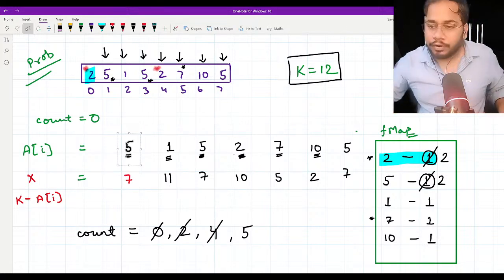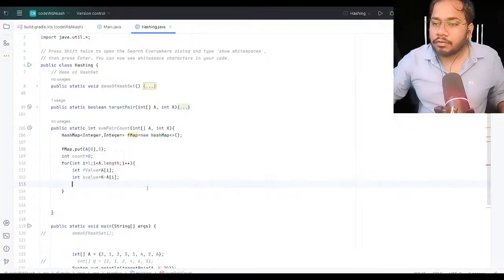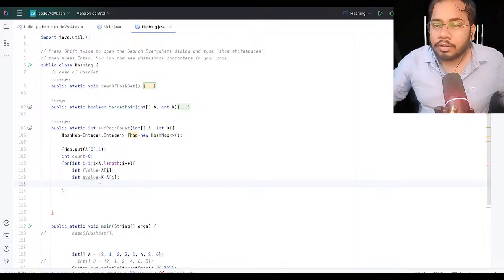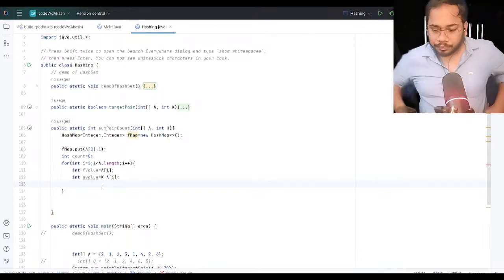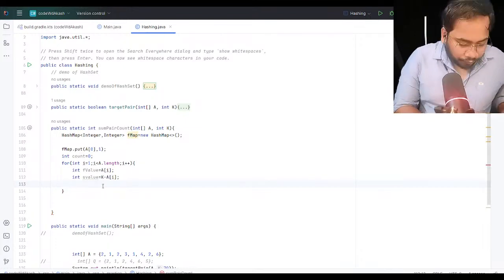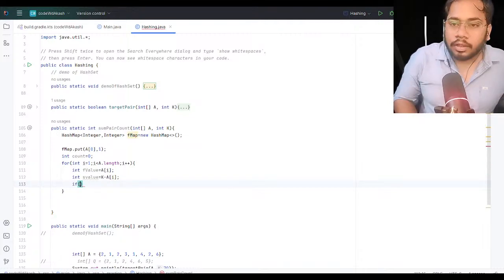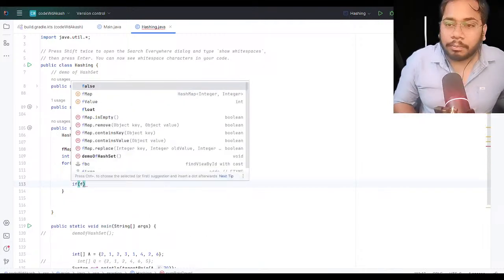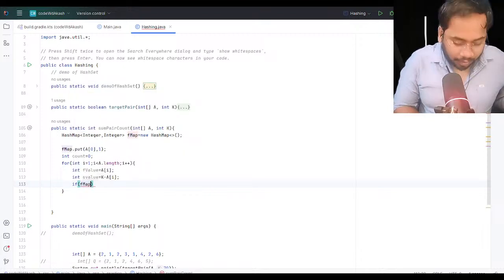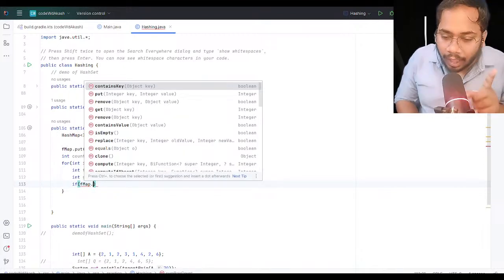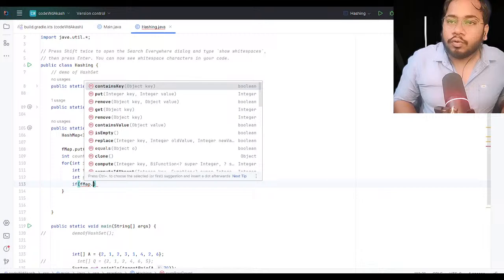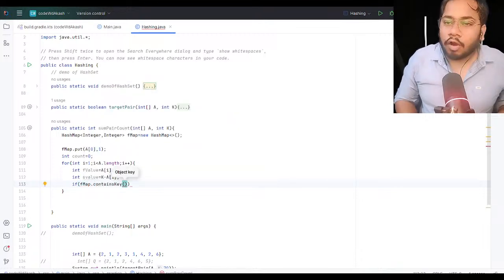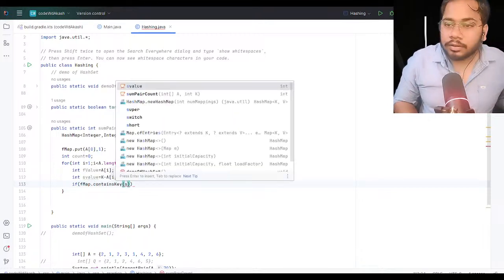So how will we do it? We have to check in the frequency map, do we have that second value? So how will we check?